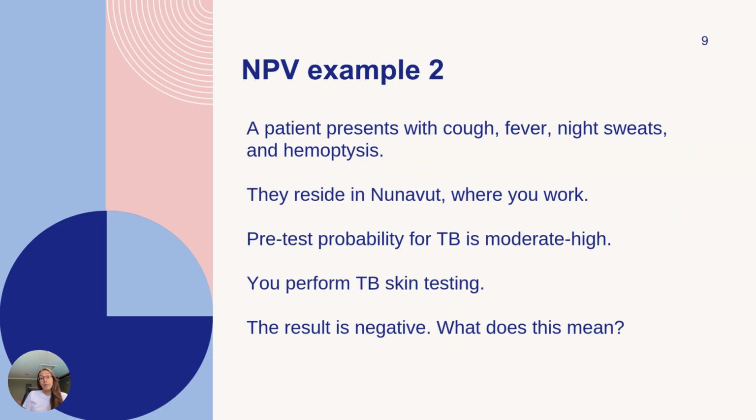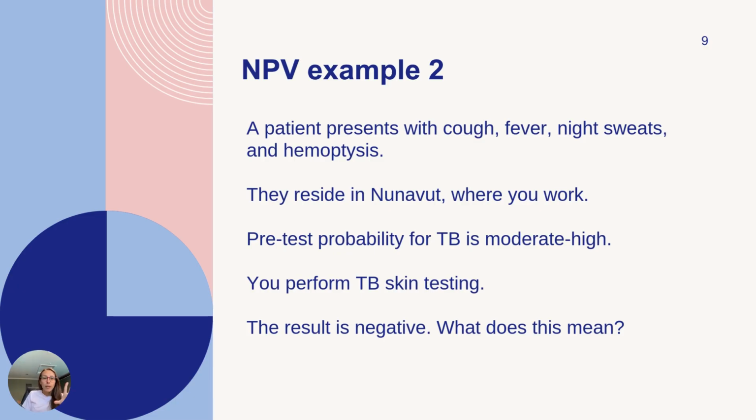Polar opposite kind of extreme example. Let's say a person's presenting with cough, fever, night sweats. They're coughing up blood. They reside in Nunavut, up in northern Canada, where you also work. Your pretest probability for TB as part of your differentials is at least moderate to high. And we know logistically for this kind of case, we would be ordering chest x-ray, sputum samples, arranging urgent investigations.